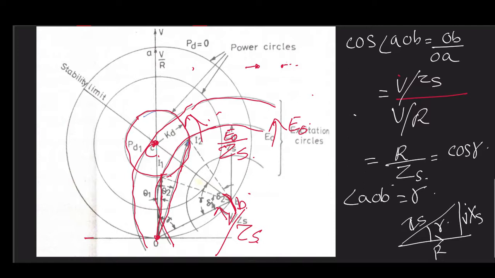If this delta 2 is greater than gamma, then our system will become an unstable one, right? So now let me conclude.